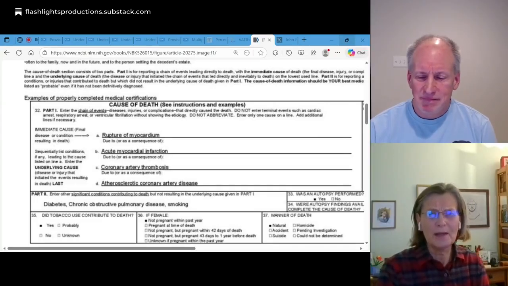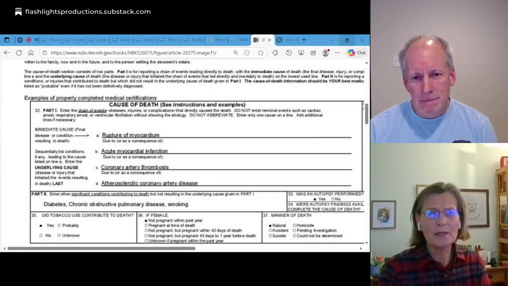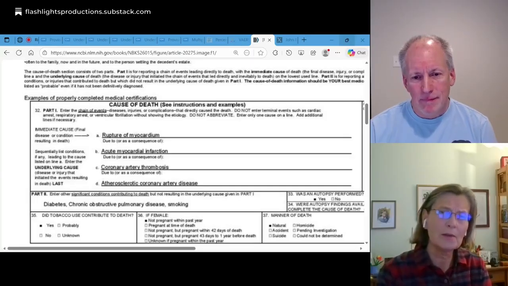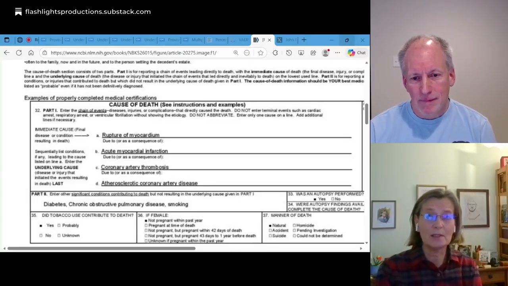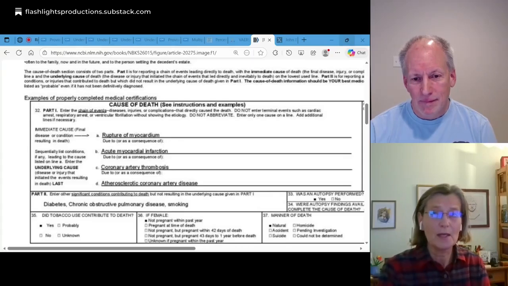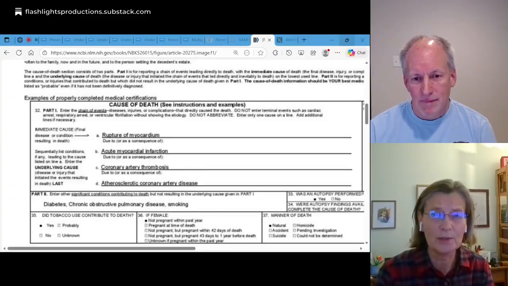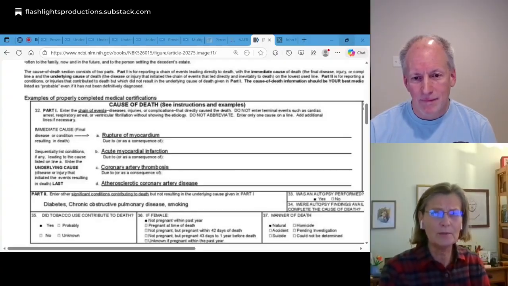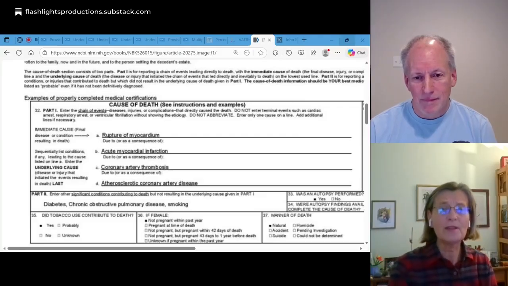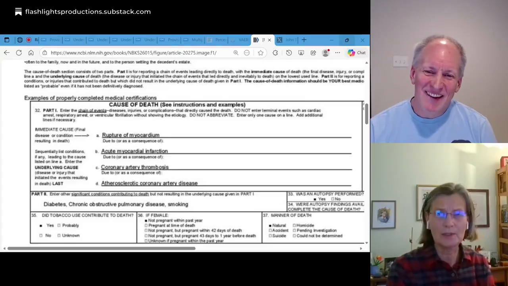Well, I'm not surprised, because I don't know how I would organize a death certificate, but having the root cause at the very bottom is not the most intuitive thing to do. I would tend to think that the root cause would be at the very top because it's the most important.